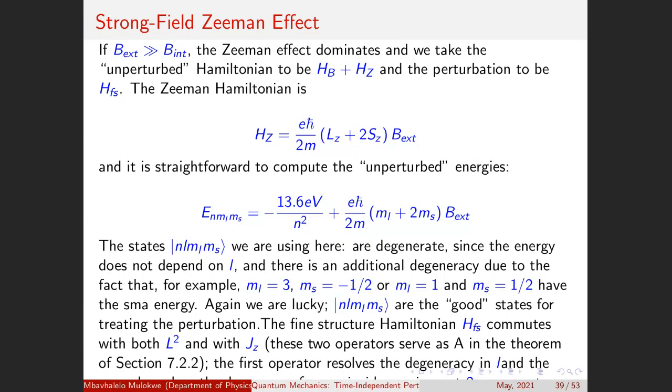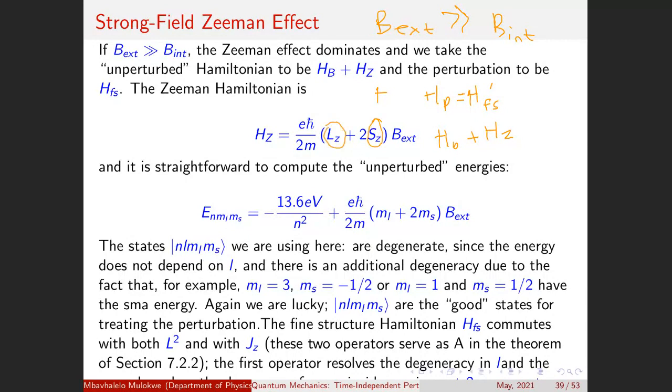Now the strong Zeeman effect, I think, is much easier, because in this case the external field is much bigger than the internal field. This means that the fine structure is the perturbation. So you have to find a good set of quantum numbers that will diagonalize H naught plus H Zeeman, and this set of quantum numbers will be the ones labeling these states.